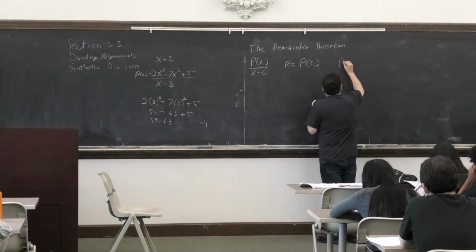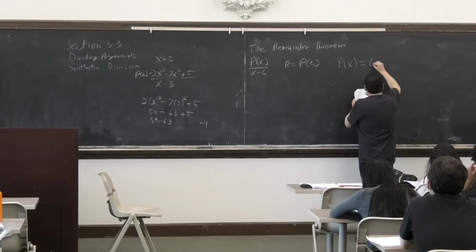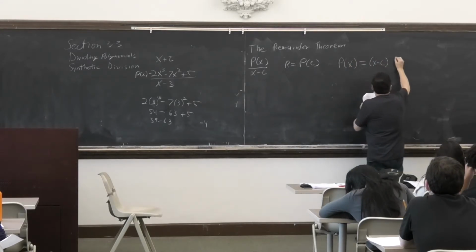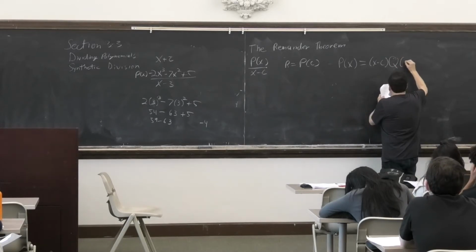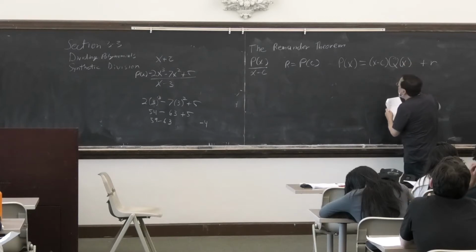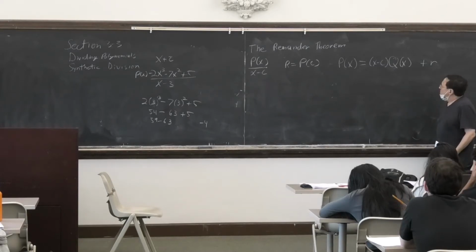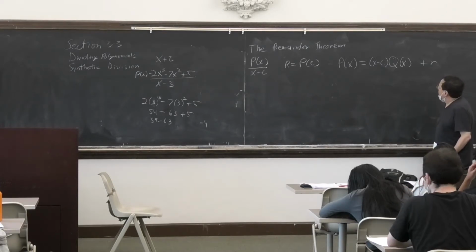So we could rewrite this as p of x equals quotient times x minus c plus the remainder. See if I can connect this.